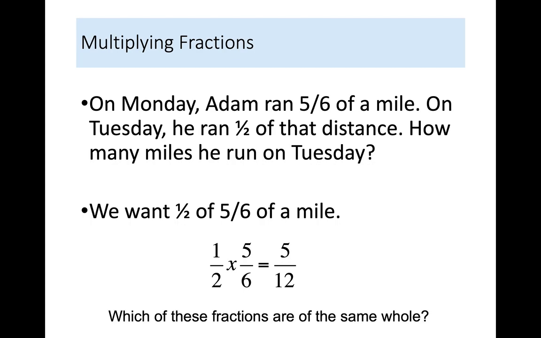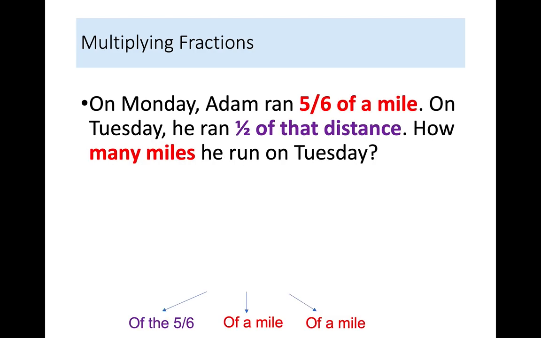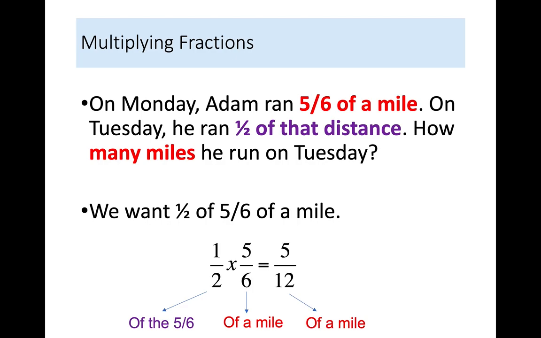Now, a good question when thinking of word problems and equations is to think of the meaning of each fraction in the equation, and which of those fractions are of the same whole. So we want 1/2 of 5/6 of a mile. The 5/6 was of a mile on Monday, and we know our answer was 5 twelfths of a mile on Tuesday.